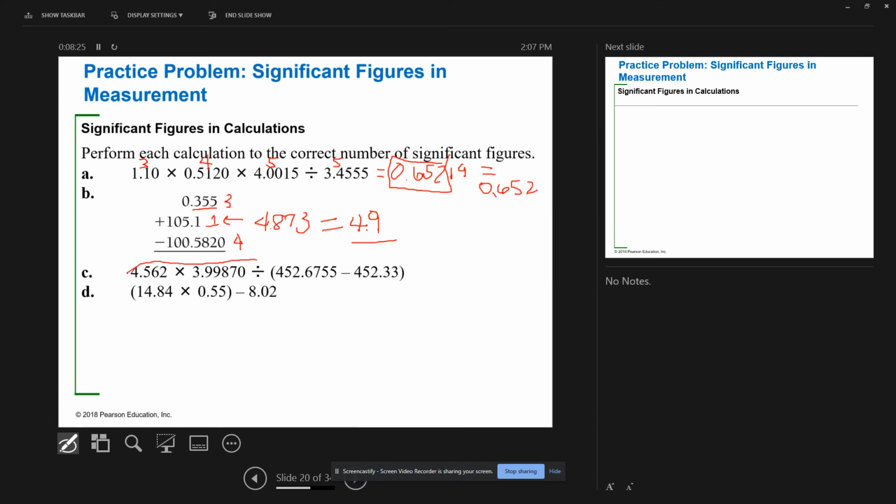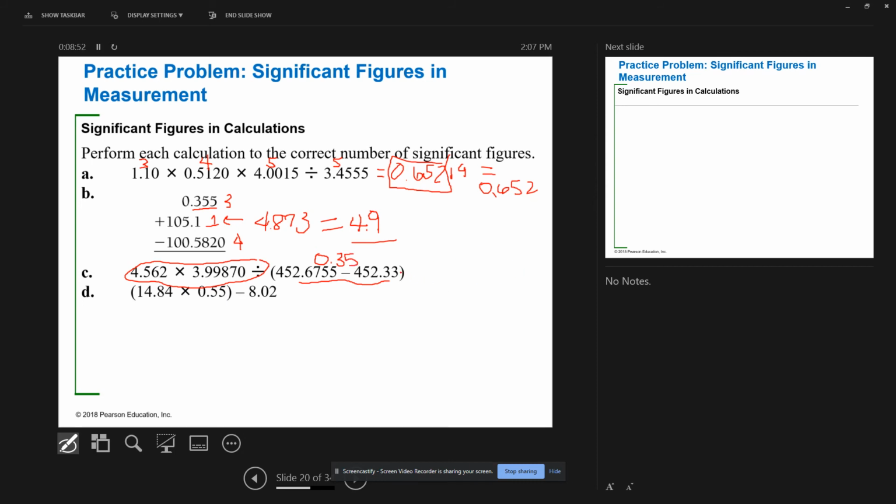Here I have multiplication and division, and here I have subtraction. Subtraction is in parentheses, so I'm going to go ahead and do that first. So it's the least amount of decimal places. So I'll do this math, and the answer should be to 2 decimal places. So when I do it, I get 0.35.